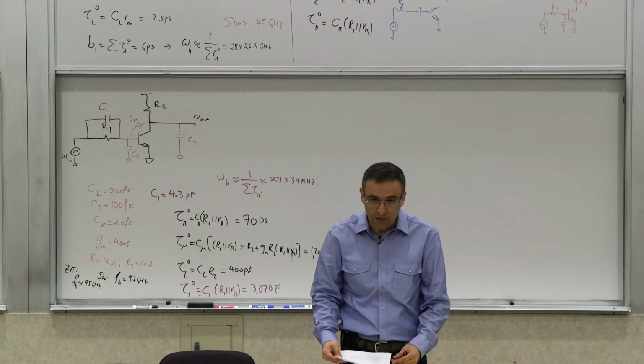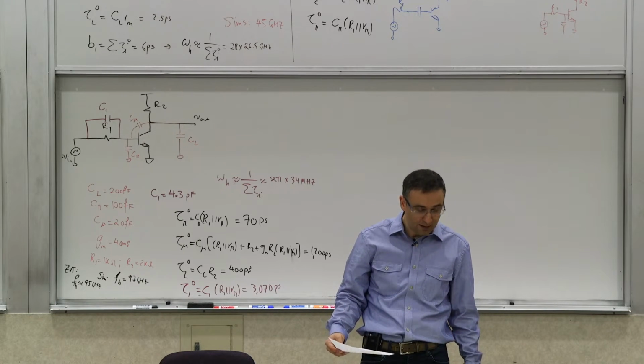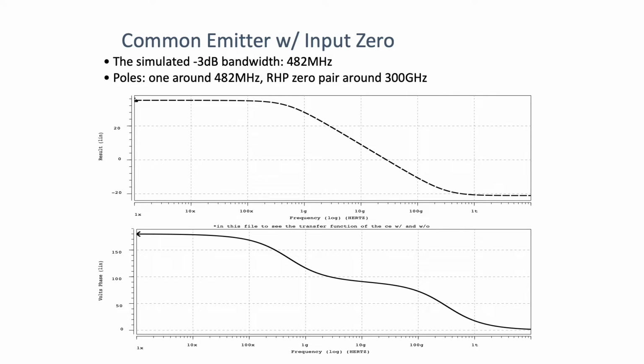Okay, so that's on page 163. Let's see what it shows us. What do we see? First of all, the bandwidth, the simulated omega h.